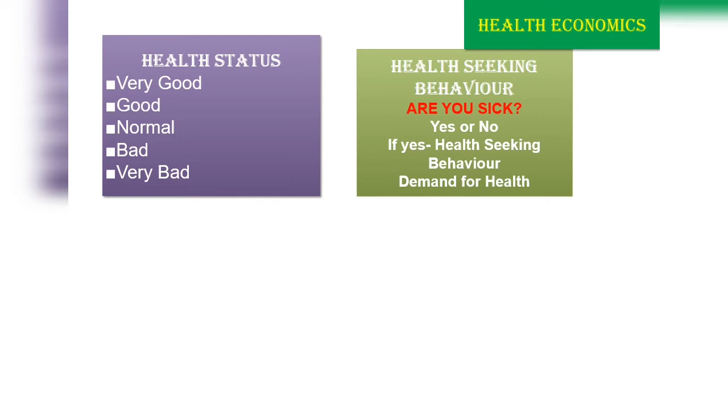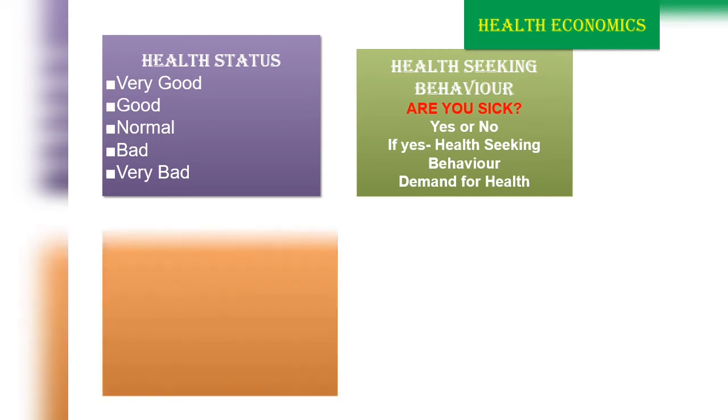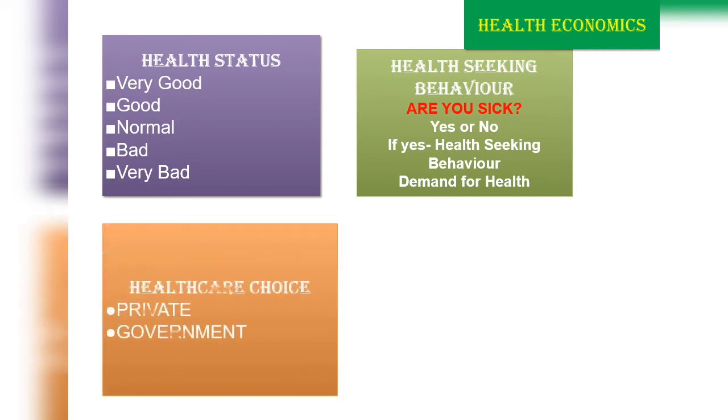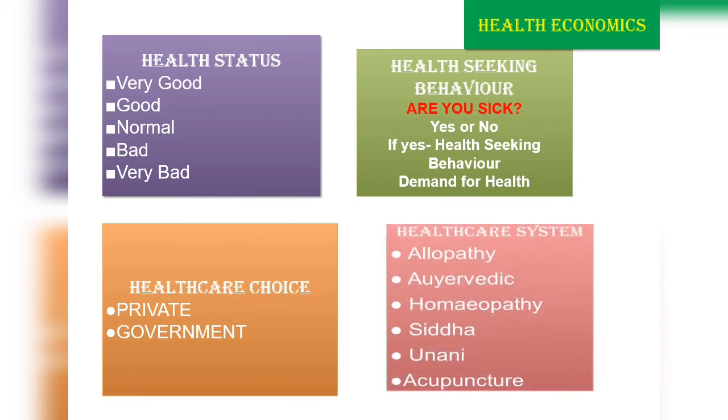For example, I am having a fever, whether I go to the hospital or not. If I have the habit of going to the hospital, there will be treatment seeking behavior. Here, demand for health arises. When demand arises, choices arise. The choice of hospital and system of medicine is made by the individual according to the budget constraint.